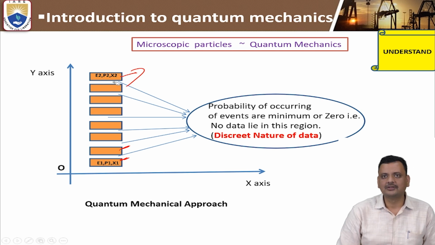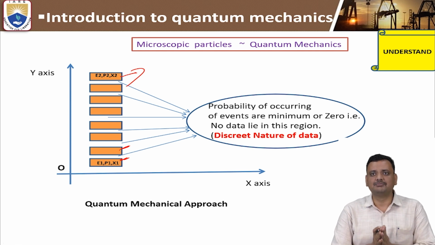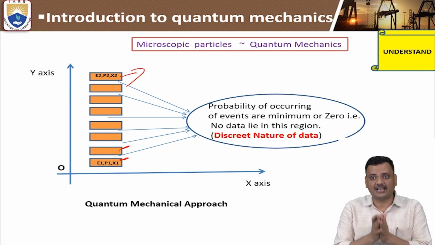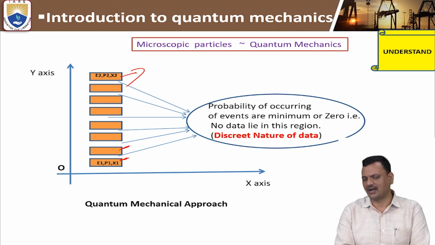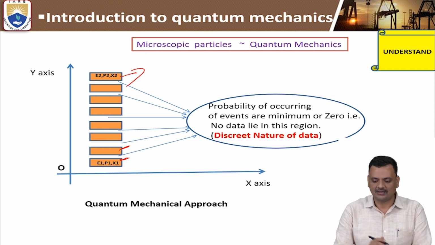So quantum mechanics believes in discreteness, a discrete set of data. Anything cannot exist in a continuum manner.